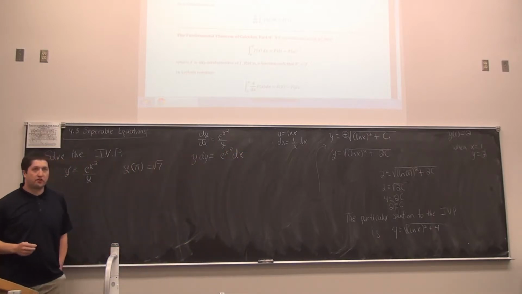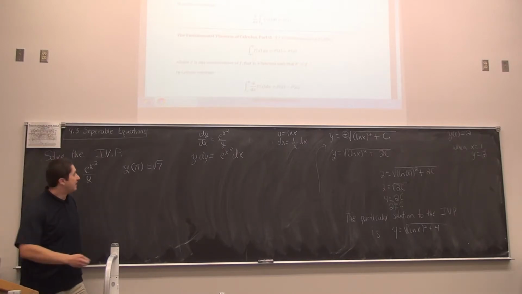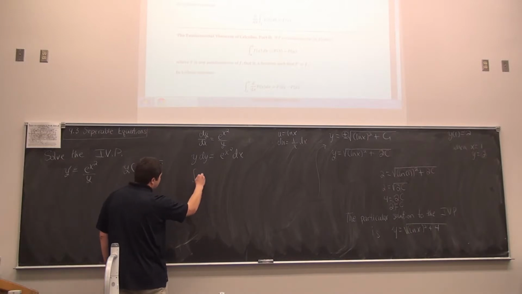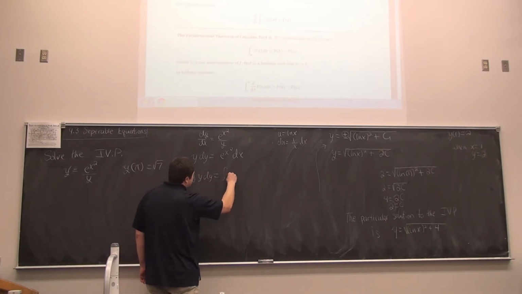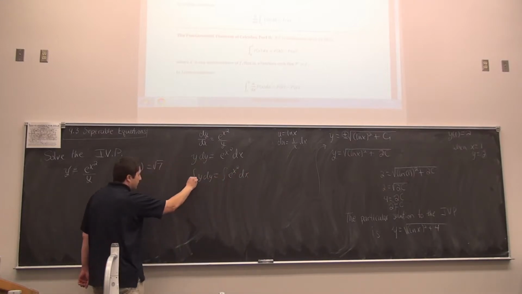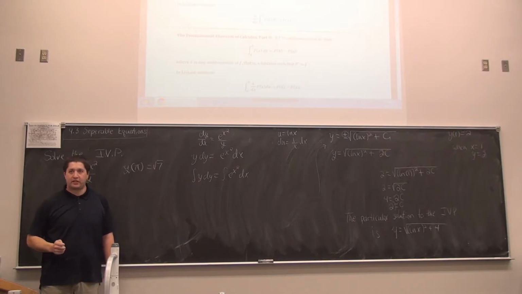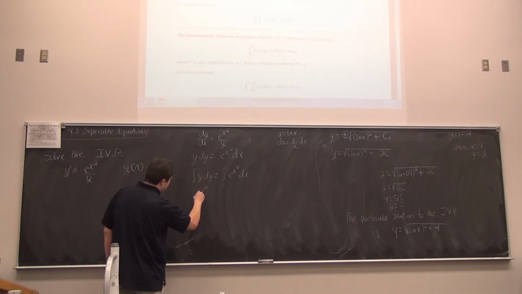So that's the setup so far, and at this stage, the time is right to find the antiderivative of both sides immediately. So we can say the antiderivative of y dy is the antiderivative of e to the x squared dx. Left-hand side we've done something like three times already today. The antiderivative of a variable is that variable squared cut in half.